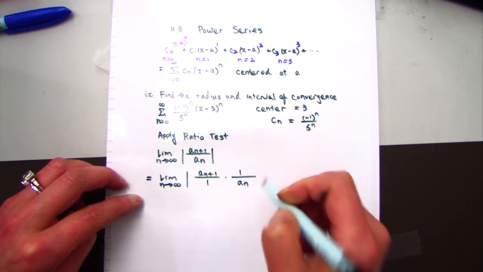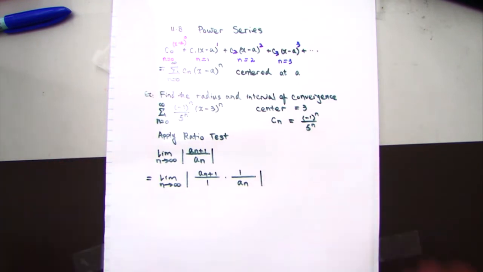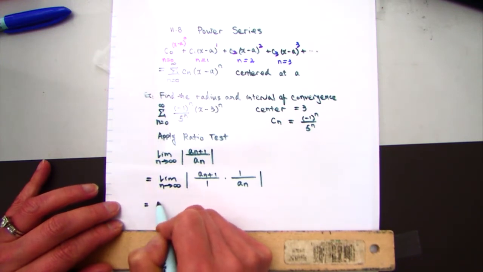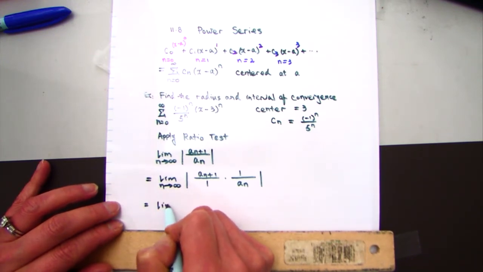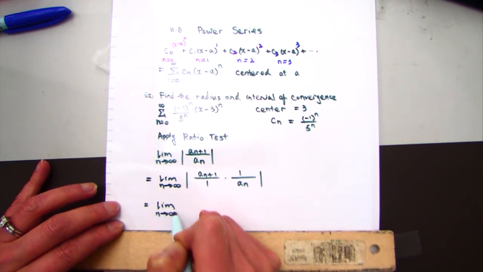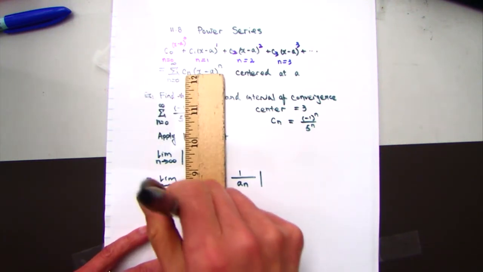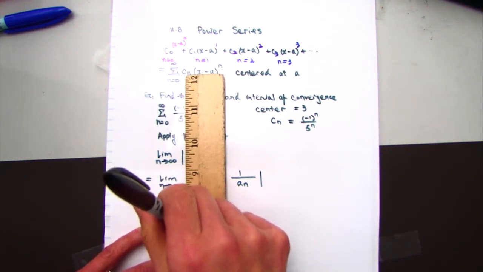And you don't have to write this out. You can think about this step. We are looking at the very end of the series. And we don't want to be bothered with positive signs, negative signs, therefore we use absolute value bars.